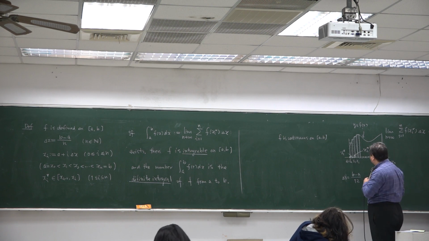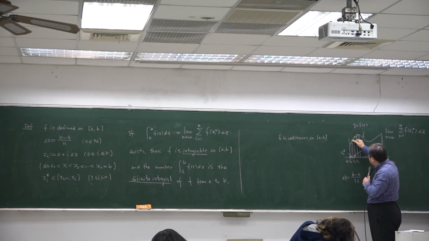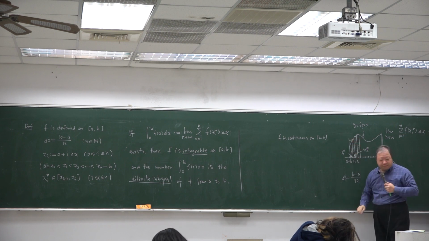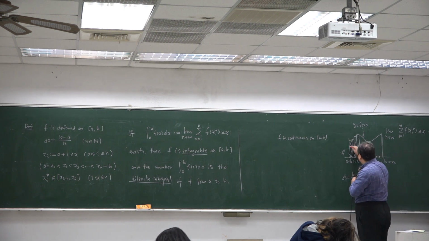Okay, so f is continuous on [a, b], so it must be continuous on this small interval. And here we have a maximum of f and a minimum of f. f has a minimum value here and the maximum value here.